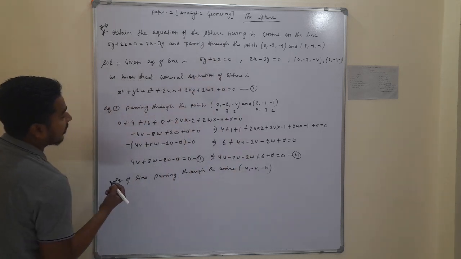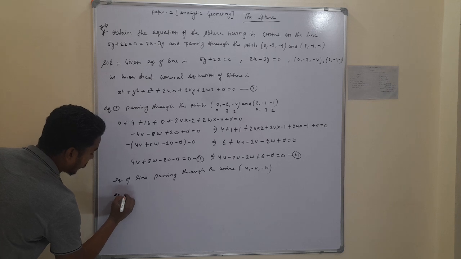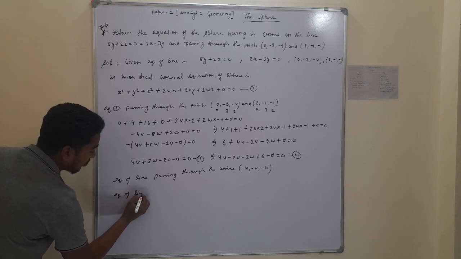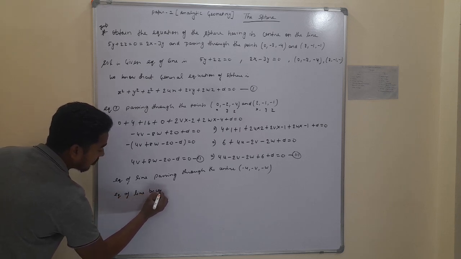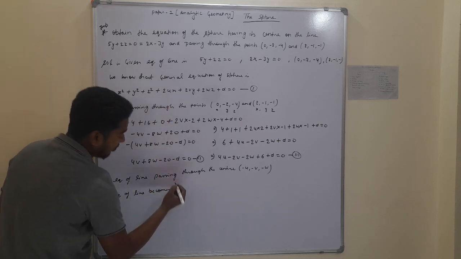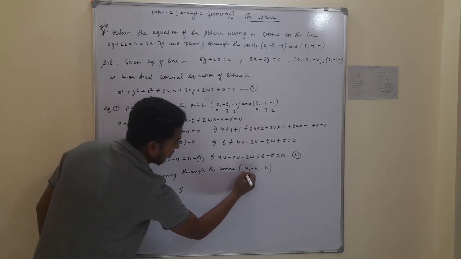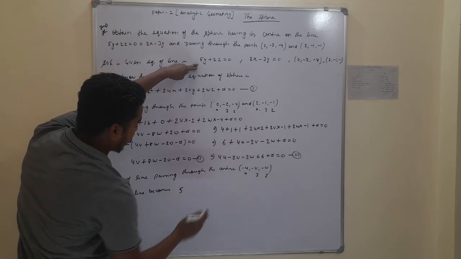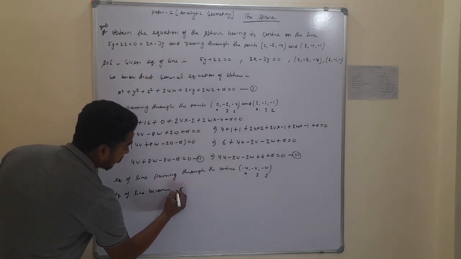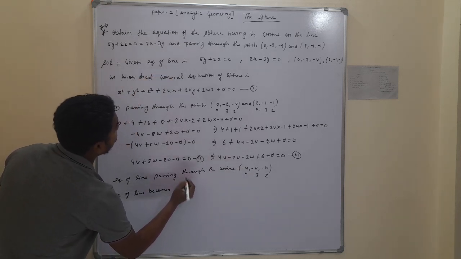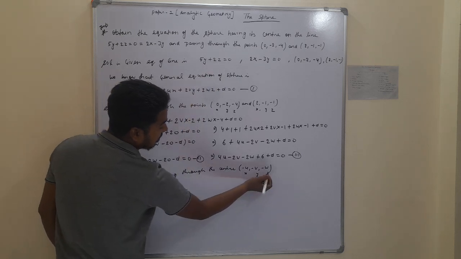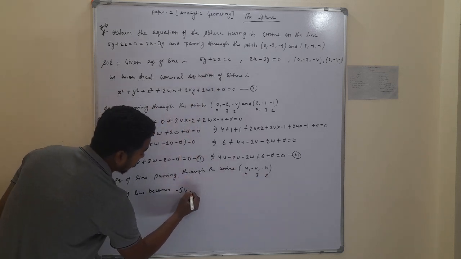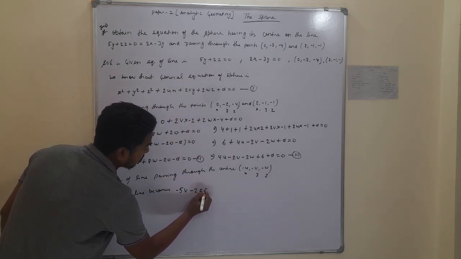So the equation of line becomes 5 times y, which is minus v, and 2z, where z is minus w, so minus 2w is equal to 0.